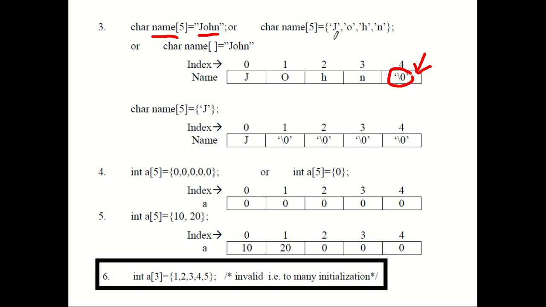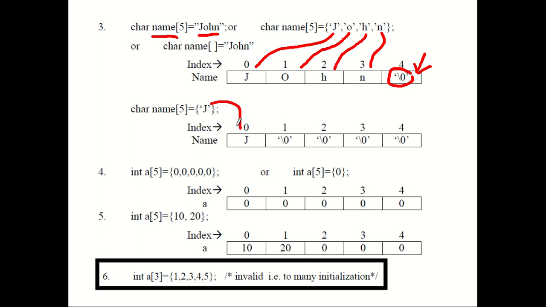We can also initialize character-wise. The first character is stored in the first location, the second character in the second location, the third in the third location, and so on. Here an array is declared of maximum size 5 of type character.